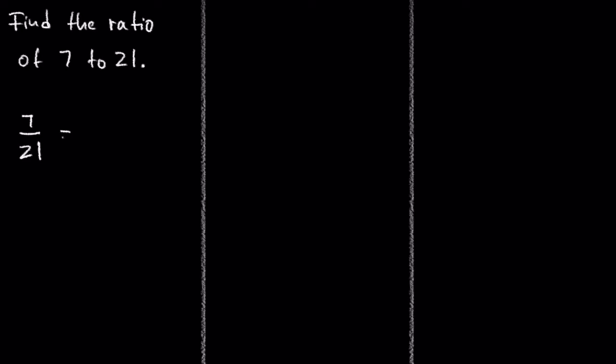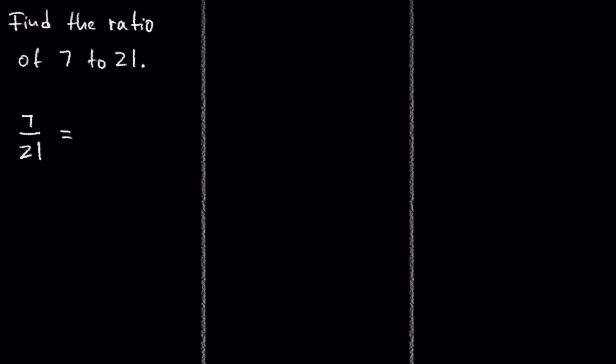Let's start with an easy example. Find the ratio of 7 to 21. We know from our previous video that we can express ratios as a fraction and then usually reduce them to lowest terms. So let's write 7 to 21 as a fraction and reduce to lowest terms.